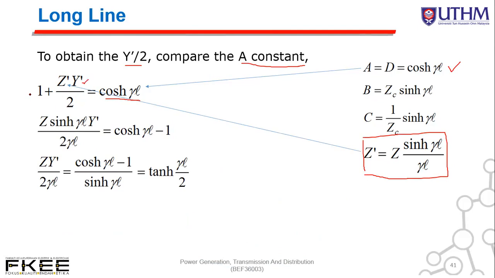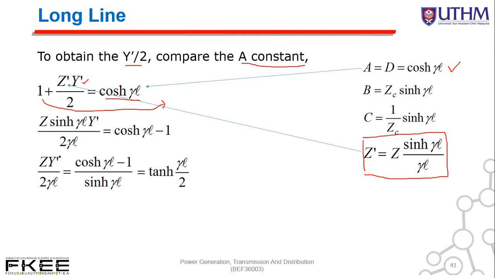The 1 we bring to this side, so we get cosh gamma L minus 1, with Z prime equal to Z sinh gamma L over gamma L.